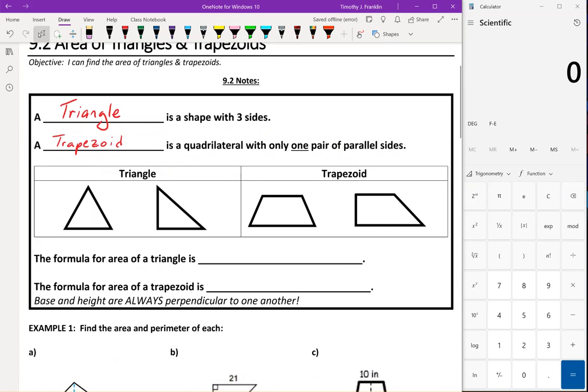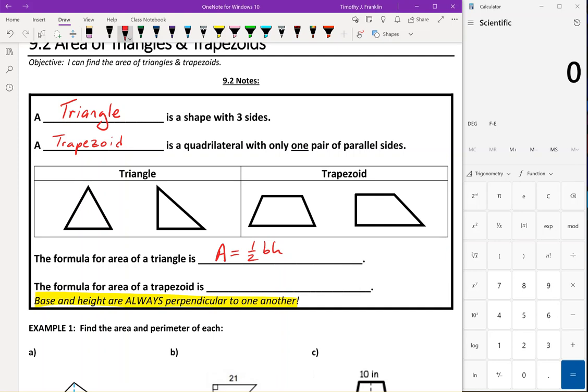So to talk about area, the formula for the area of a triangle is area equals 1/2 times base times height. I guess I don't need parentheses. 1/2 times base times height. Just like we saw with the parallelograms, base and height are always perpendicular.